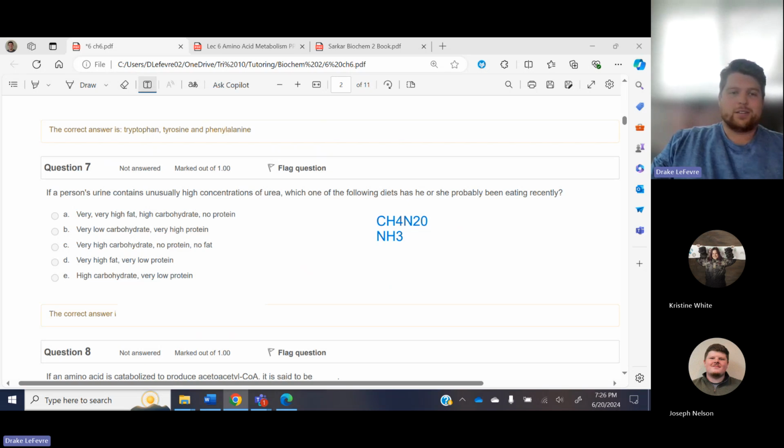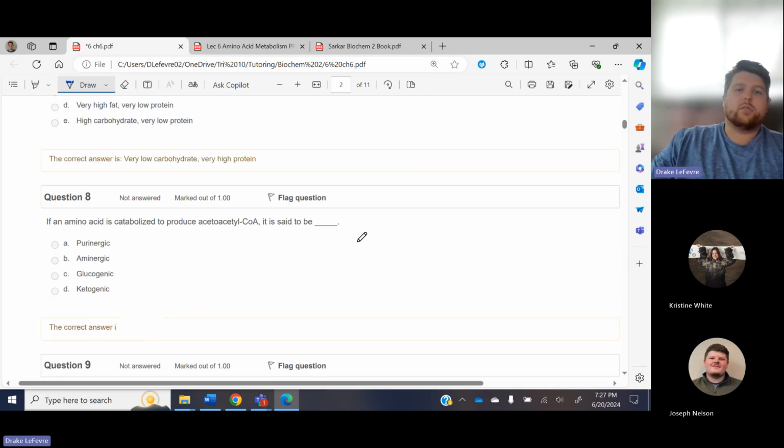So it gets converted between the two. We'll talk about that in micro too. Very low carbohydrate, very high protein should be our go-to with that. Lots of urea means lots of nitrogen. Lots of nitrogen means you have too much protein in the blood.